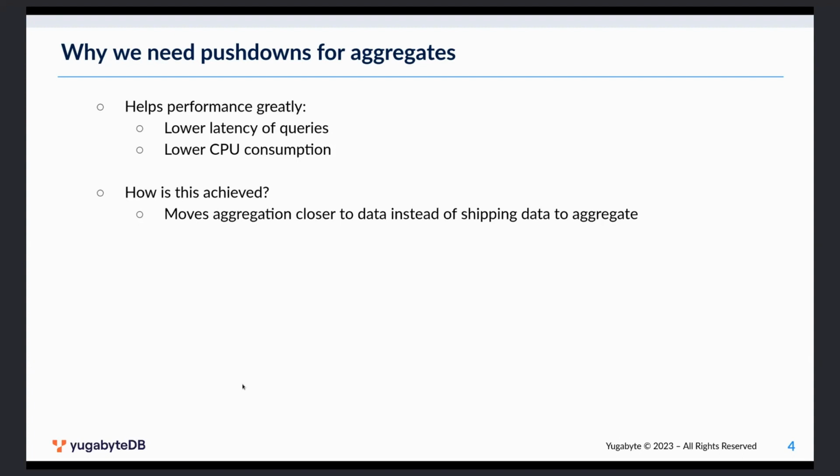Aggregates typically take a lot of input and then output something very small. So imagine having to ship all that data back if we weren't doing pushdown, compared to shipping back the small result instead. It means we would cut down on network transfers and also potentially RPCs.